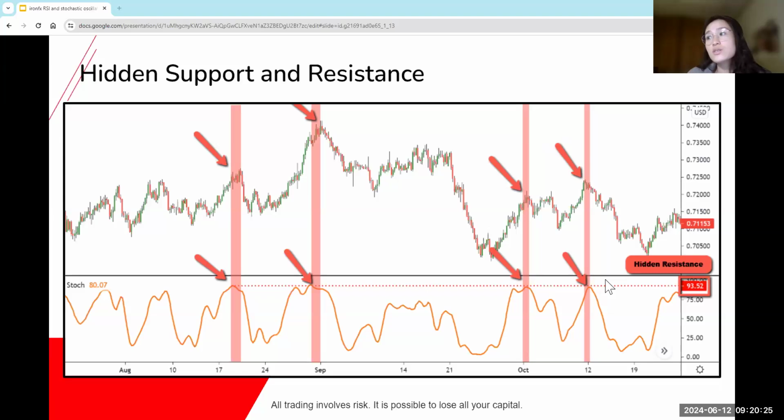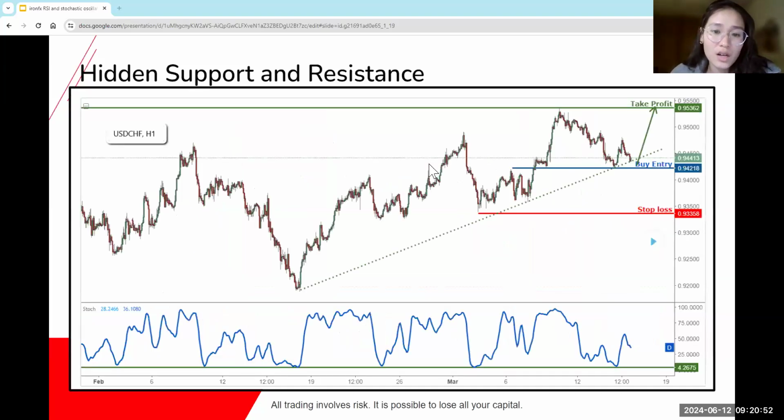Hidden resistance is when our stochastic or RSI or whatever oscillator indicator you're using, at the peaks line up to give you a horizontal resistance level. Whereas on our price, you can see very clearly that the peaks don't line up. Okay, I think that's pretty straightforward.